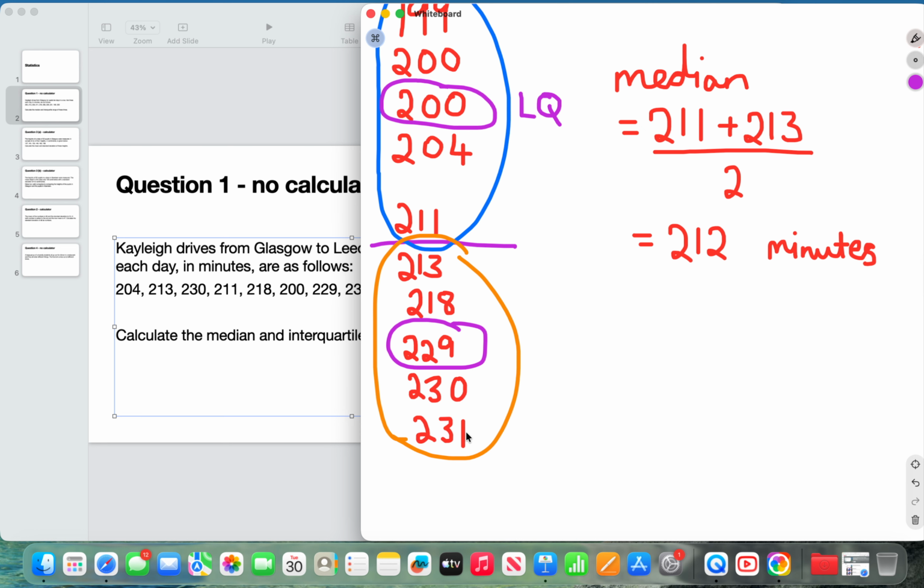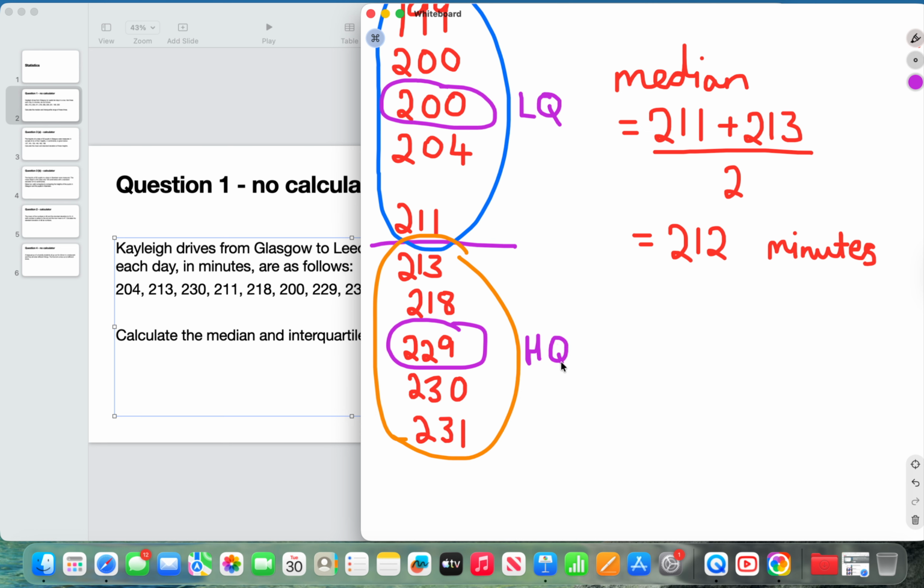The idea is that if you write them in ascending order, you just take the number in the middle of the set. It does not matter if that number is closer to the higher end or the lower end. It literally is just so you get the same number of numbers either side of it. So the upper quartile is 229.